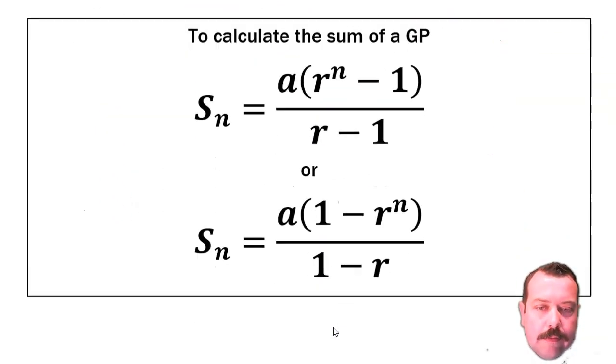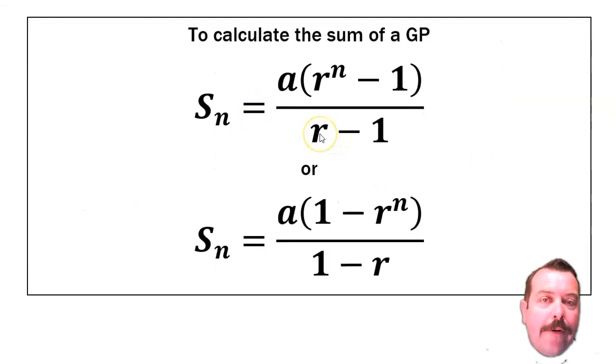In the instance that r is a small number, r between 0 and 1, let's stick with a positive number, but a positive small number between 0 and 1, then r minus 1 will be negative, and r to the power of n, a small number raised to some power, gets smaller. So when I subtract 1 from that, it will be negative as well.